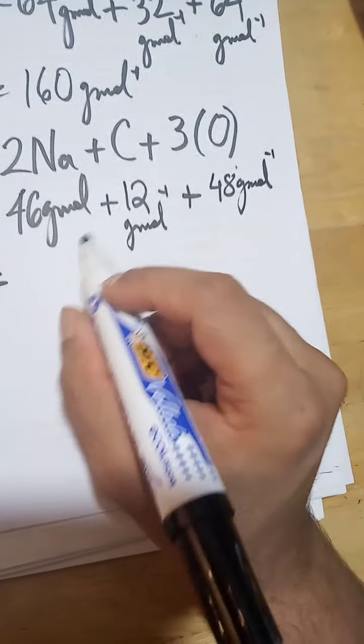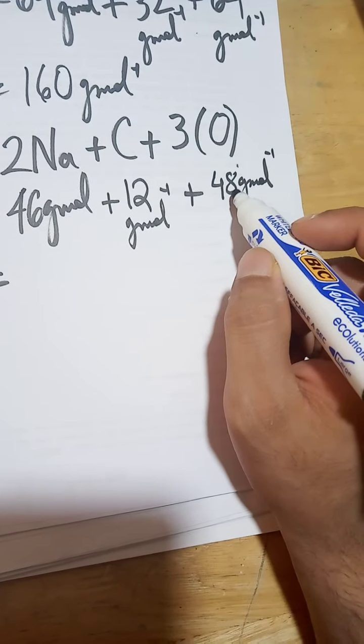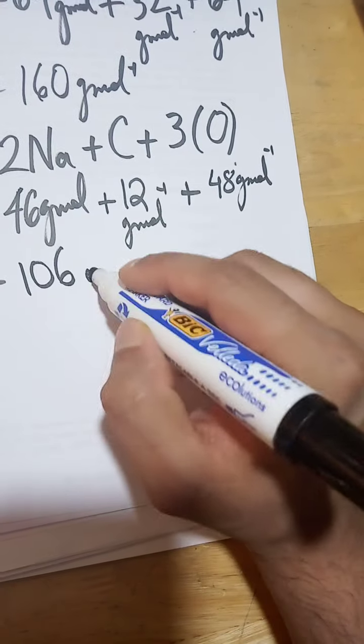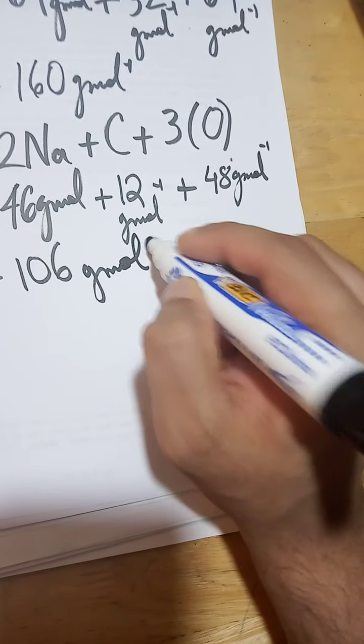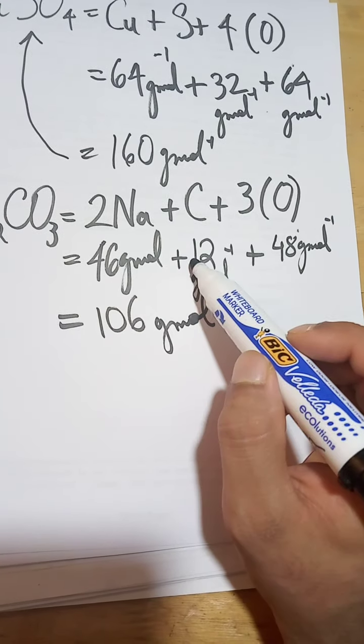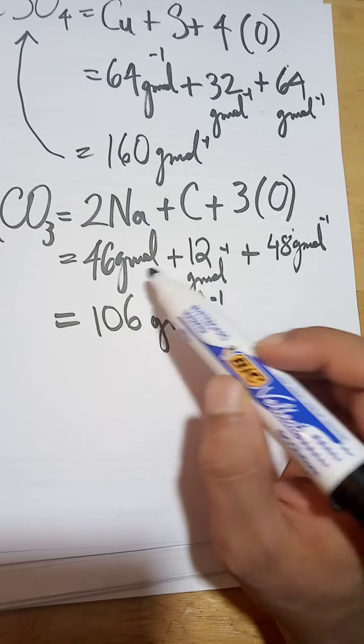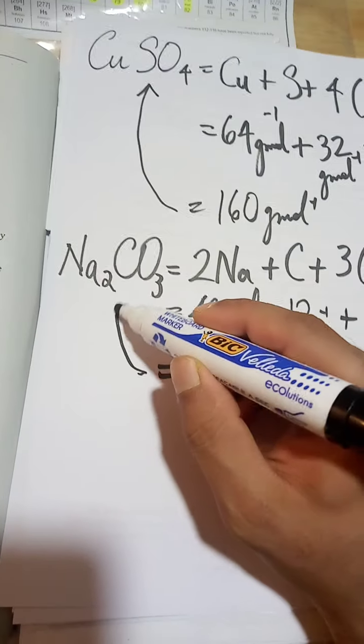So we add all of it, we get 58, 66, 106. Let me double check: 40, 50, 90, 98, 100, 106. So that is correct.